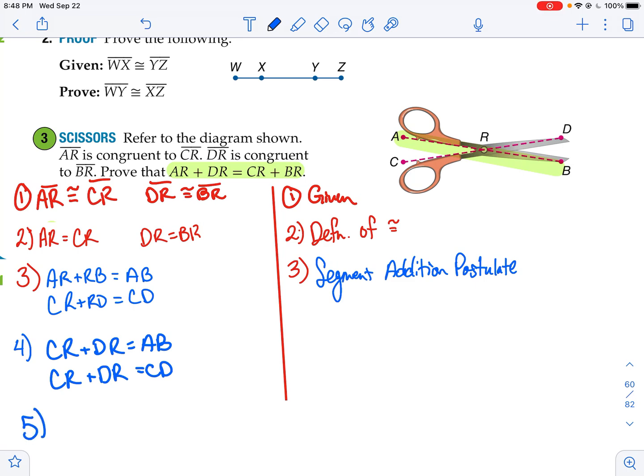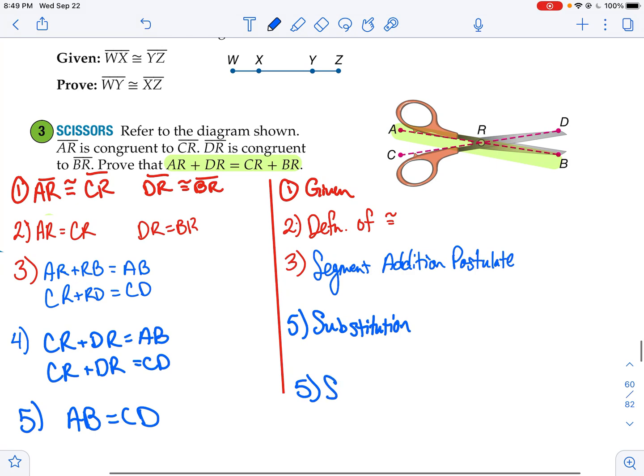Well, hold on. That means that that was by substitution. I substituted in some known values. But hold on. If that's true, then AB equals CD. And I can't count. That should also be by substitution as well.